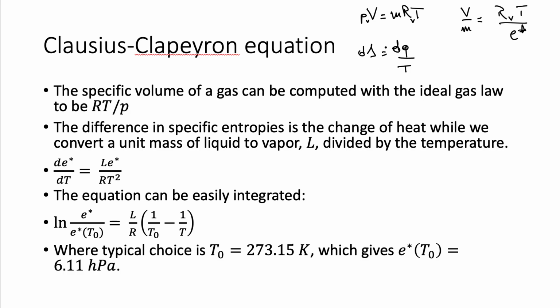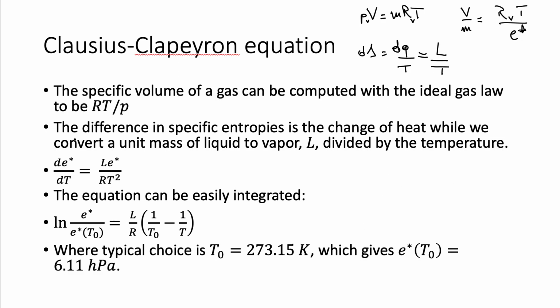How much is the specific heat in this case? When you're evaporating or condensing something, how much heat are you exchanging? That's exactly the latent heat. That's what latent heat is for, because at a point of phase transition, you're not changing temperature. You're taking energy to break bonds between molecules, or vice versa. The bonds cause molecules to give up some energy, and that is the latent heat energy. So that is the latent heat divided by T.